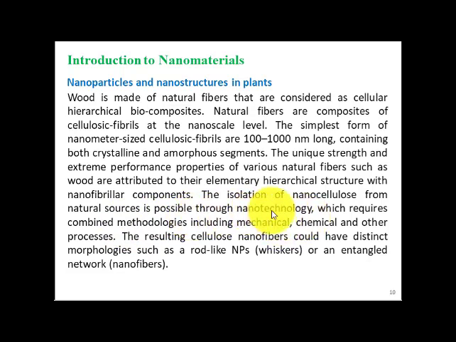So we can use nanotechnology to isolate nanocellulose from natural sources, which requires combined methodologies including mechanical, chemical and other processes. The resulting cellulose nanofibers would have distinct morphologies such as rod-like nanoparticles, or they can be entangled networks.